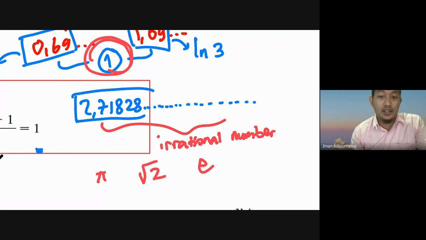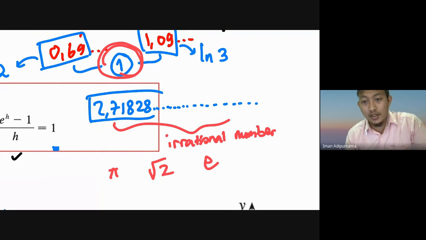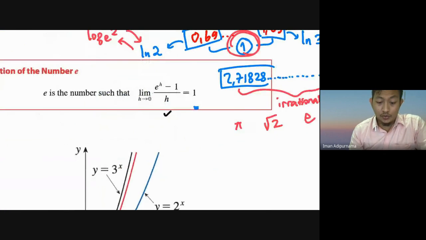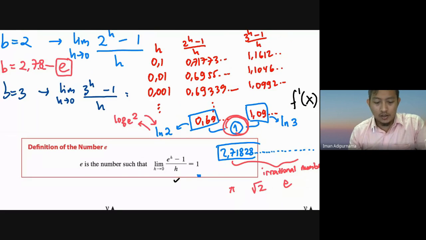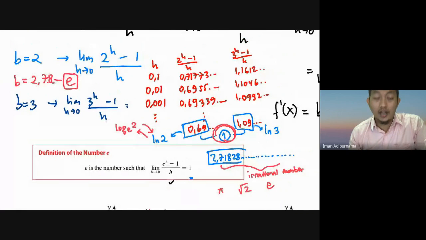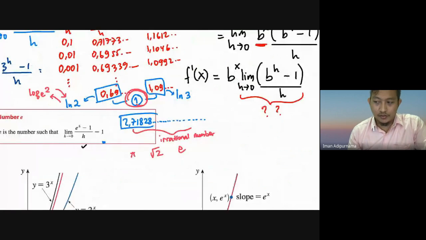You can find this number e within the formula for populations. So it is such an important number. Now we are going to use this e in our calculus problems. So those are the definitions.